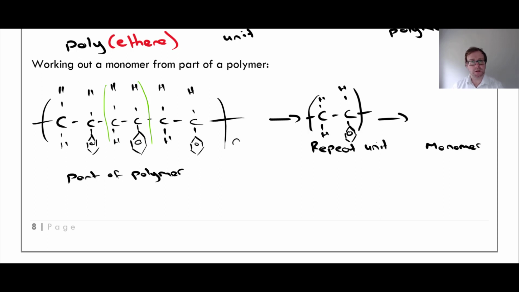This would be my repeat unit. Now the monomer, I know it's addition polymerization, so it must have a double bond, therefore this must be my monomer.